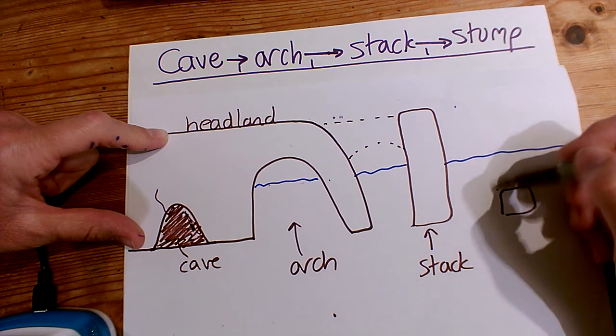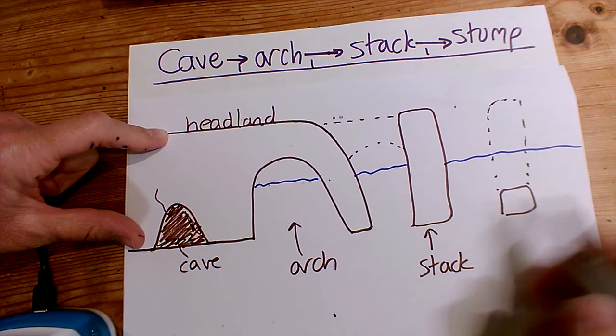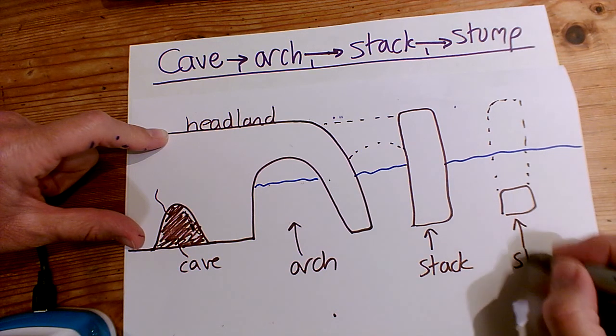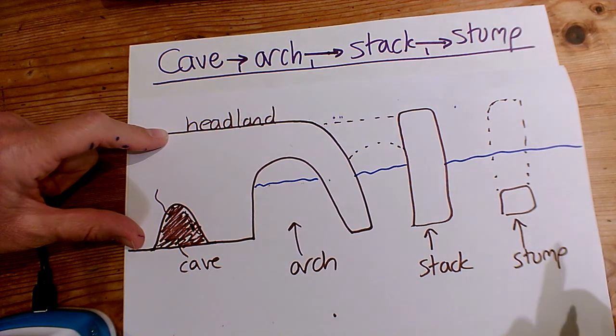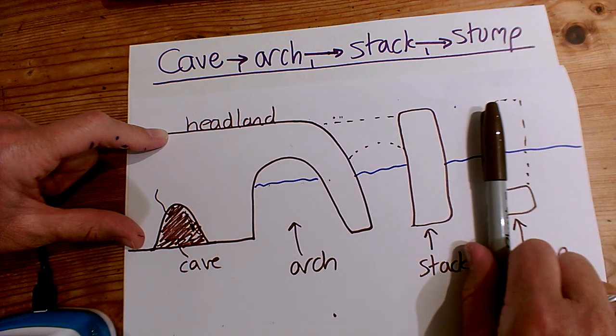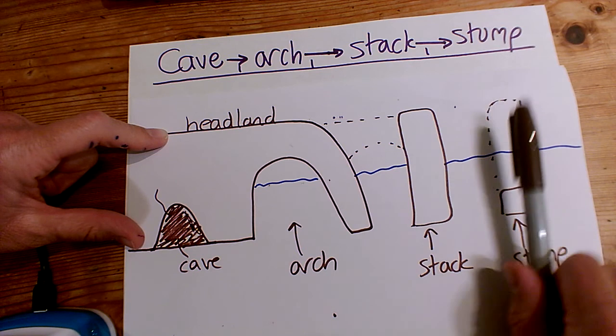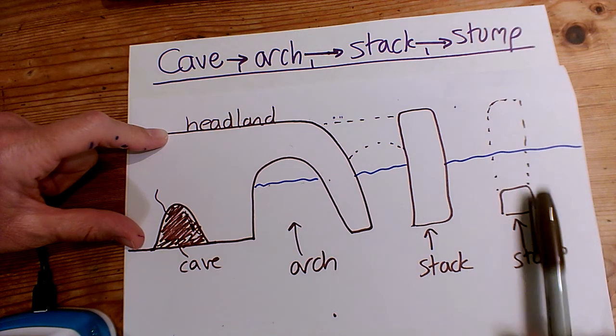And then the stack used to be like that, and then over time it will erode down to become a stump. But the whole headland used to be all the way across here, and over time it erodes back with an arch, and then the arch falls down, creates a stack, and the stack goes down and becomes a stump.